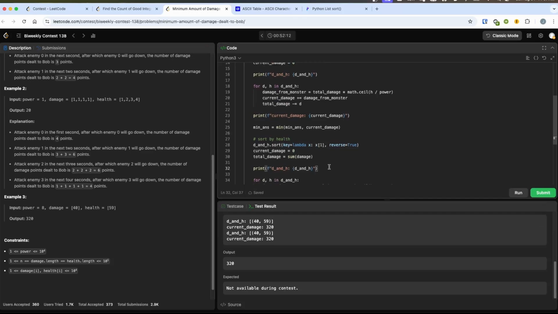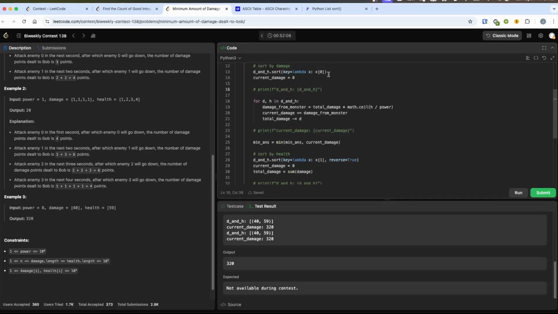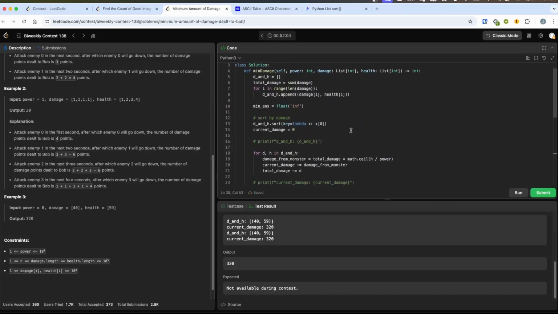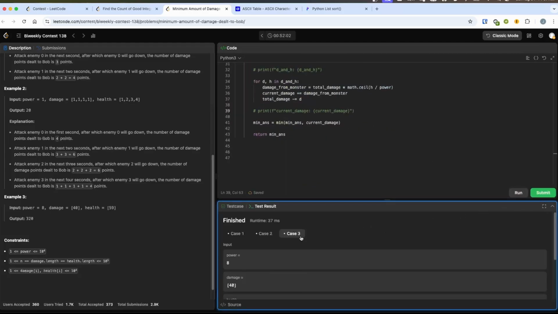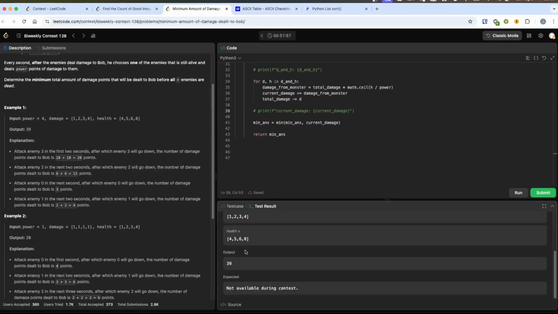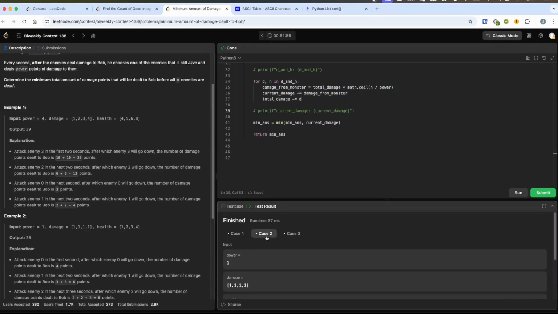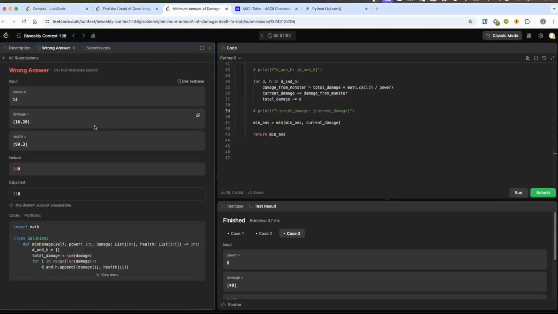So those are right, but I'm not super confident if it'll work. Okay, so we get 39, we get 20. Let's see. Damn. All right.